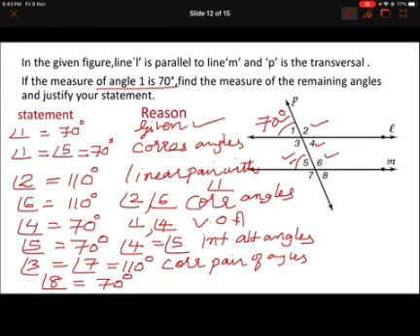Why? I can give the reason as 4 and 8 are corresponding, so they are equal. Or I can write 6 and 8 form a linear pair, so 8 is 70 degrees. Any reason works, but here now I am going to give angle 1 and angle 8 form exterior alternate angles.